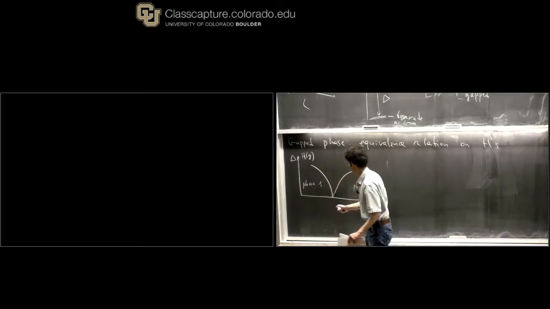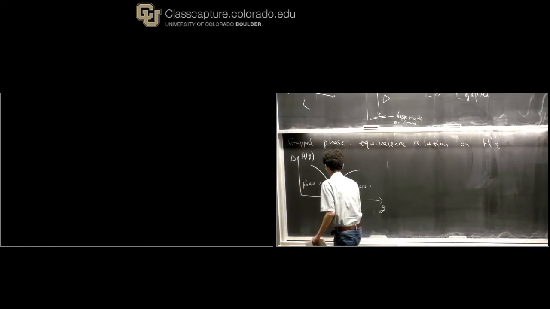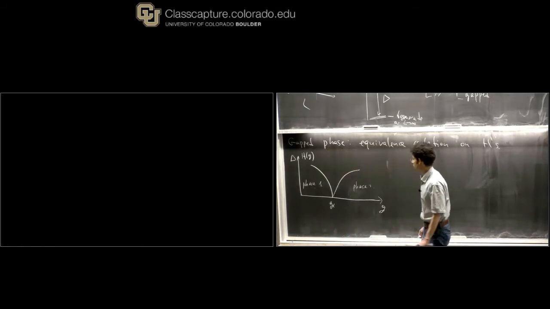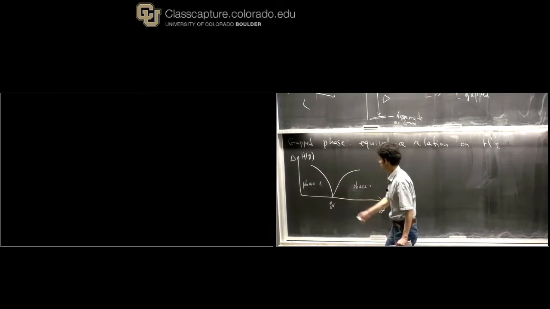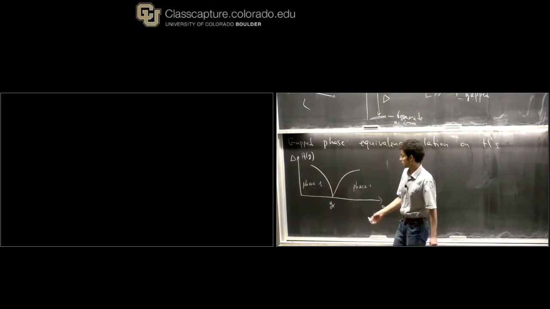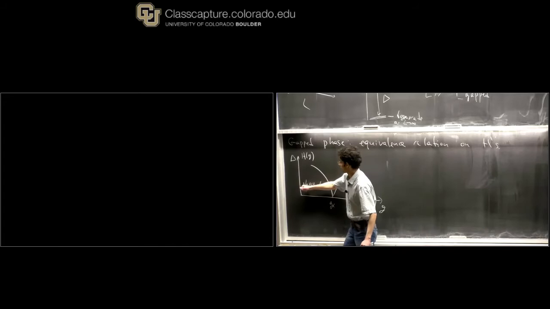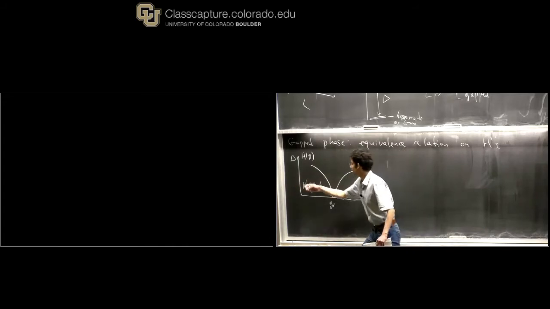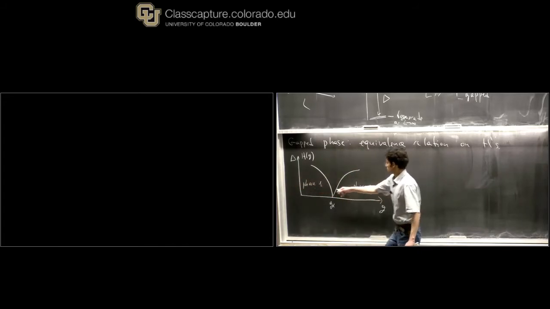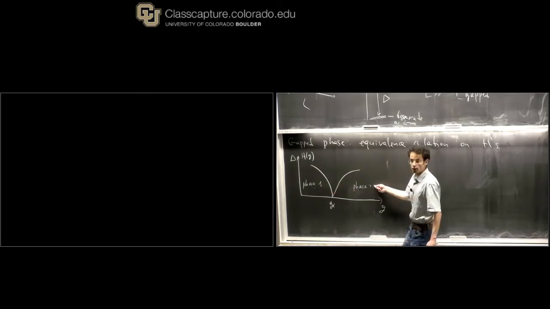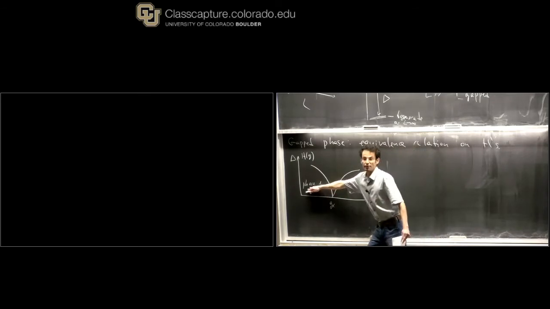Here the gap closes at some value of g, goes to 0, and this is a phase transition. Now it might be that there is some other path, maybe going out of the plane, along which the gap doesn't close, and then this would actually be the same phase.